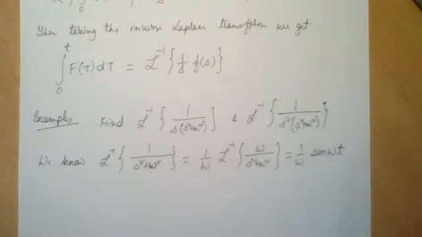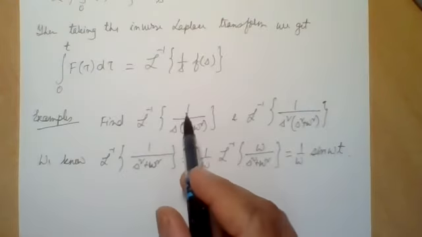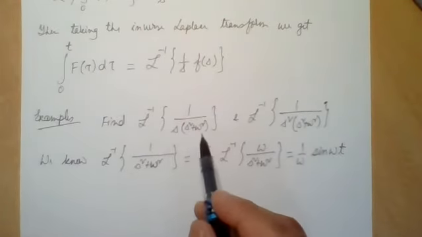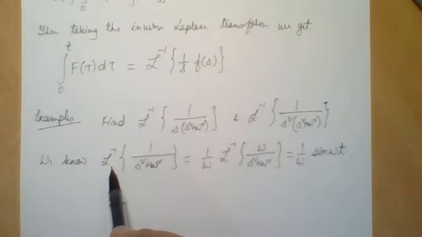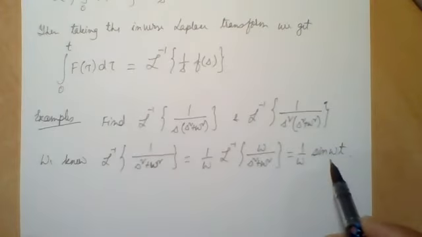Okay. So if I neglect this s, and consider the expression 1 by s squared plus omega squared, I find that its inverse Laplace transform is 1 by omega sine omega t.